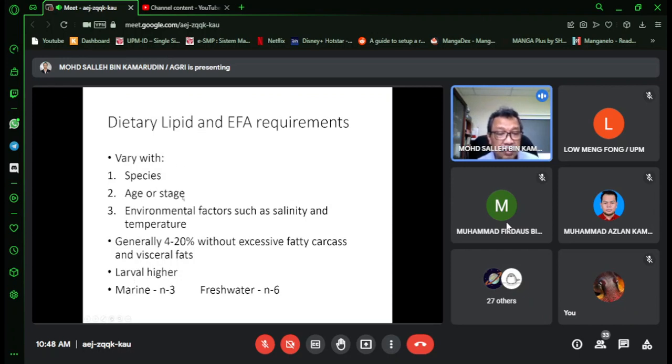Tadi saya kata dia require higher, and for marine, the essential they require more omega-3, mostly omega-3. For freshwater, most requires omega-3 and omega-6, but some species require both, such as tilapia.